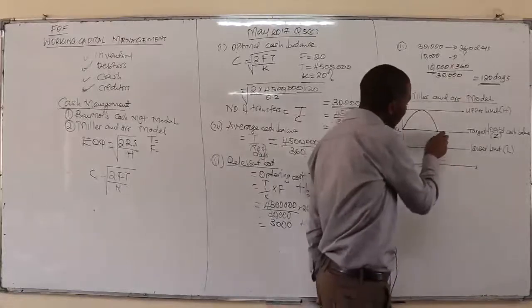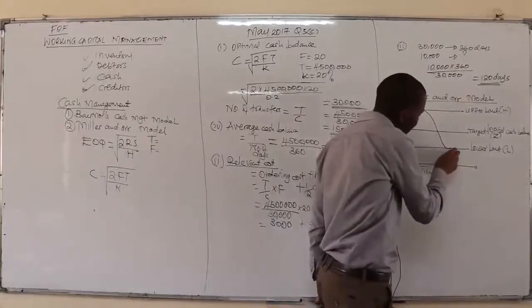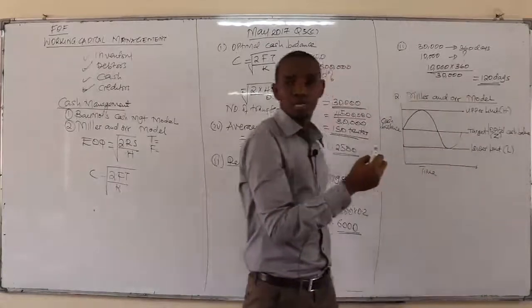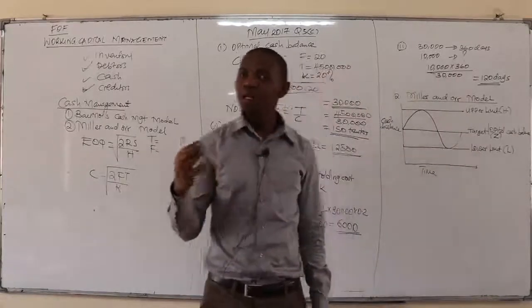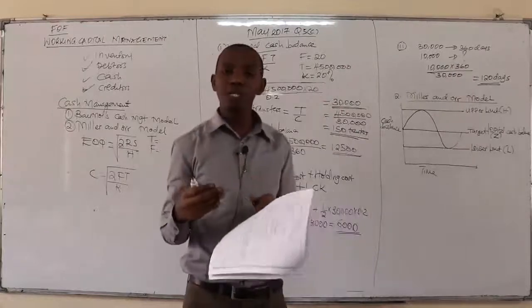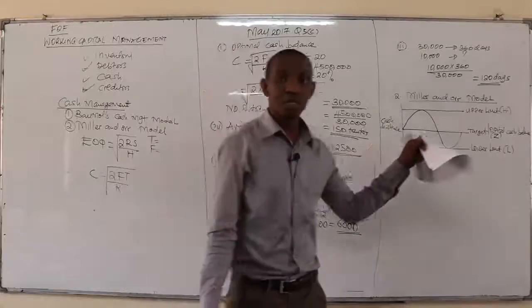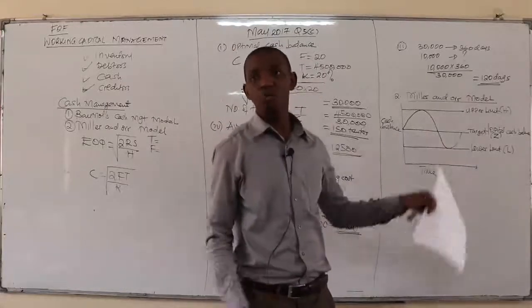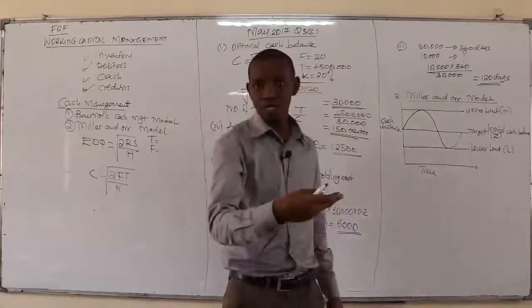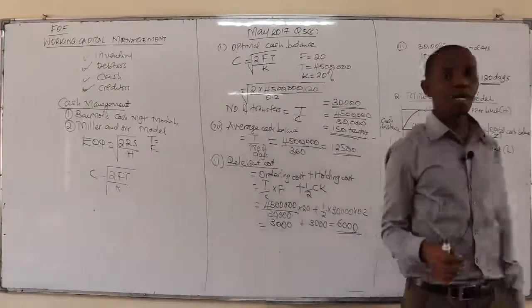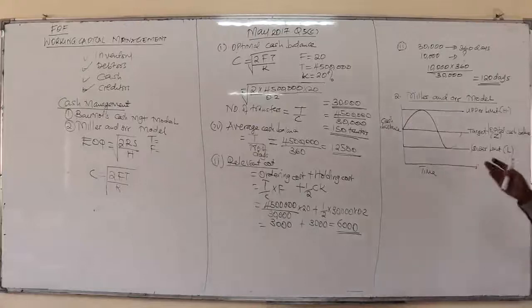So zikiteremka zikuje zipite hapa up to the lower limit, alisema sasa, now that they are in marketable securities, you can now convert them back into what? Into cash. Sawa sawa, unairudisha tena into cash. And then if at the optimal cash balance, alisema there you're not supposed to do what? Anything. So lazima ikuwe hivyo.